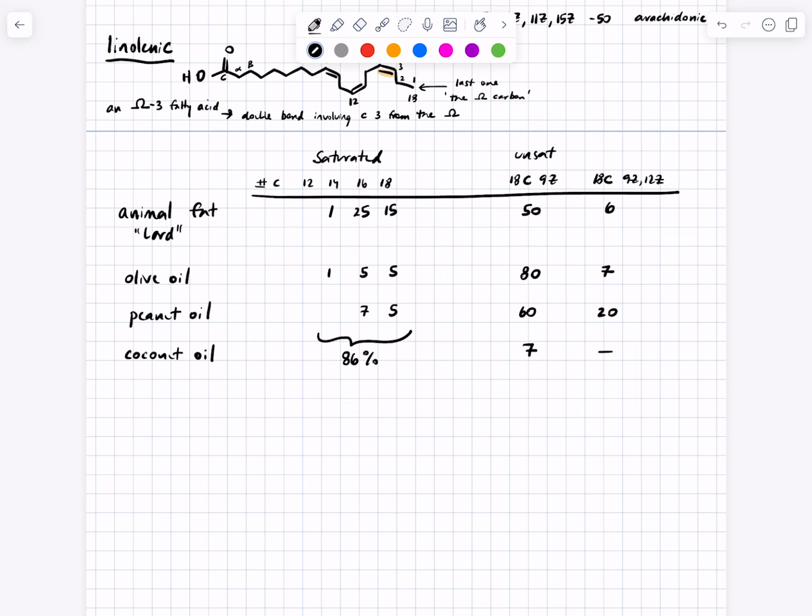So coconut oil is mostly saturated fatty acids, which is why it tends to be a solid at room temperature, though if you heat it up, it can become liquid, which is of course true of the other animal fats as well.